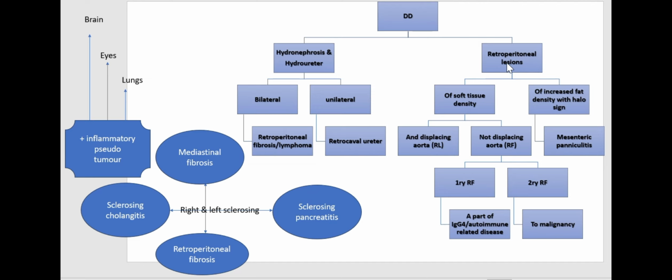If the retroperitoneal lesion is of soft tissue density, think of lymphoma or fibrosis. And if this soft tissue density lesion is displacing the aorta anteriorly, think of lymphoma. If it is not displacing the aorta anteriorly, think of retroperitoneal fibrosis.